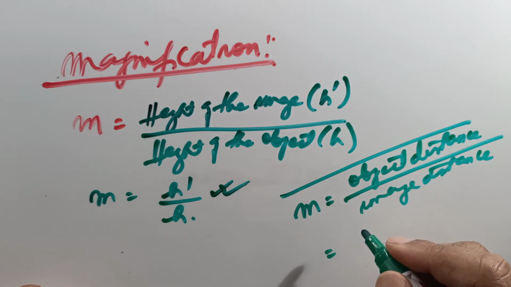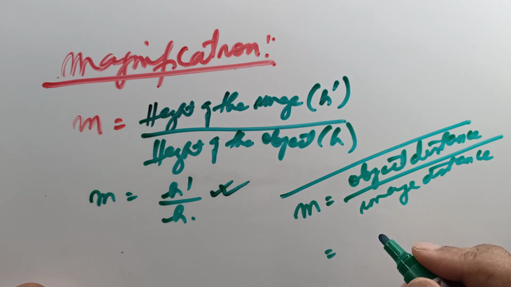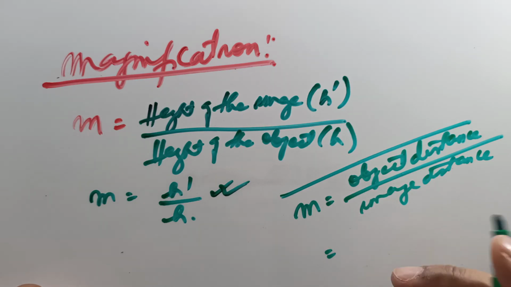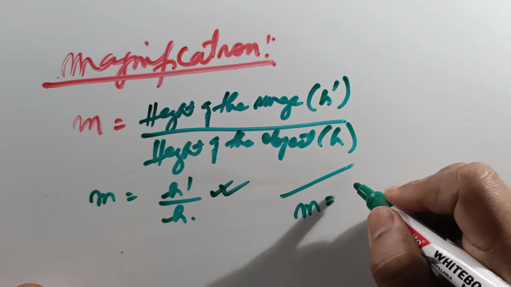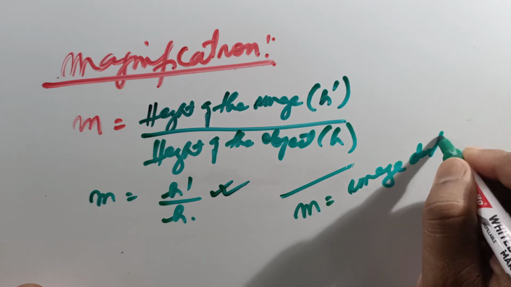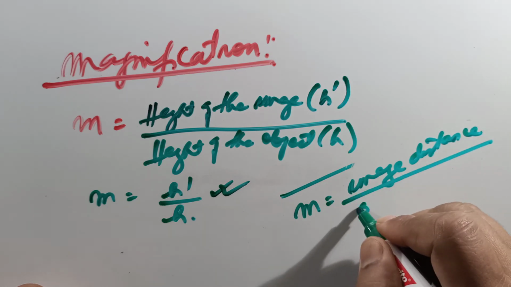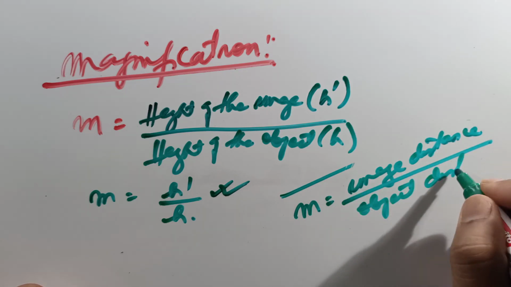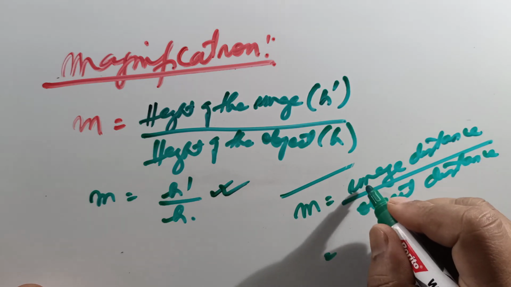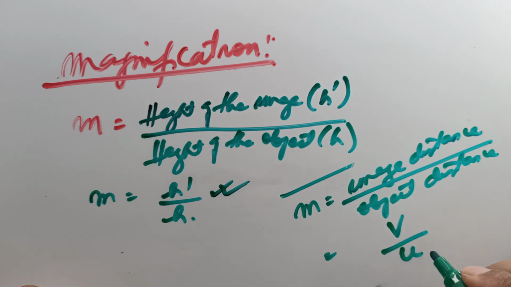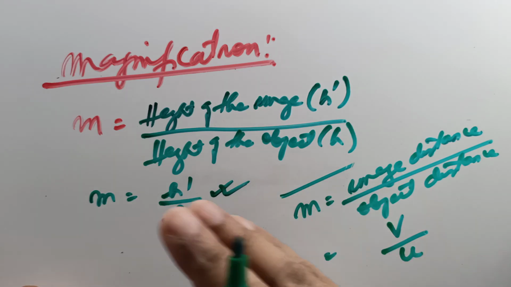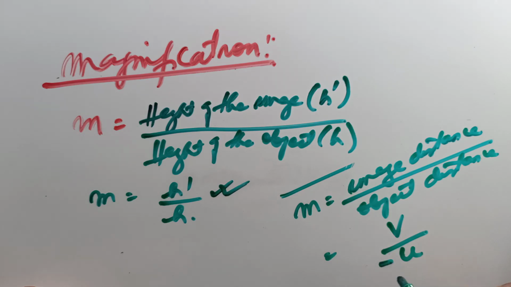Sorry, I made a mistake here. It's actually the image distance to the object distance. Image distance is represented by letter v, and object distance is represented by letter u. Object is always negative, so this will be minus. So you can write m is equal to minus v by u.